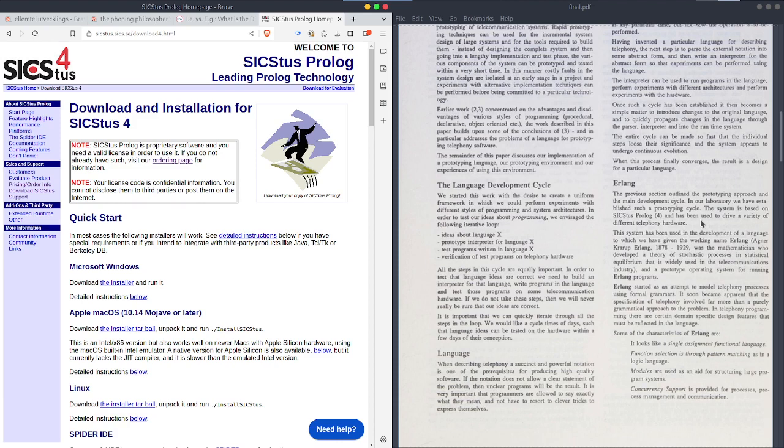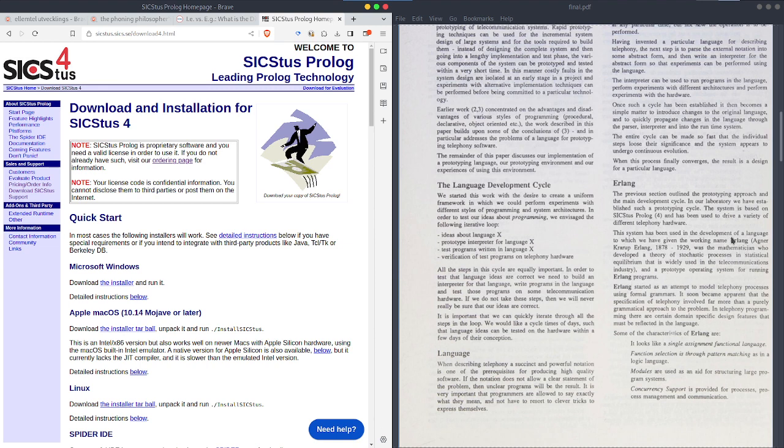So, this system has been used in the development of a language to which we have given the working name Erlang. Erlang is from the name of the mathematician Agner Krarup Erlang, who developed the theory of stochastic processes in statistical equilibrium that is widely used in the telecommunication industry, and the prototype operating system for running Erlang programs.